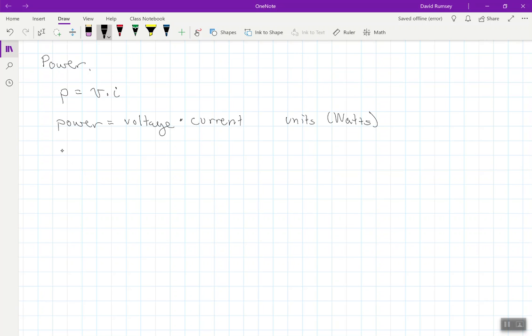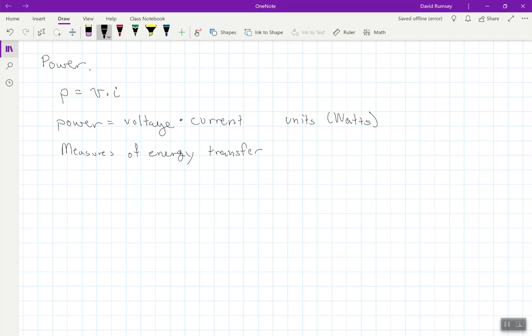So power is basically a measure of energy transfer.